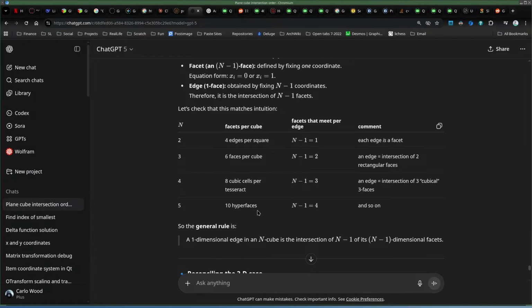But okay, hyperface was already linked to a facet. It's a synonym basically. So the number of facets per cube, 10 facets, which is 2 times 5.